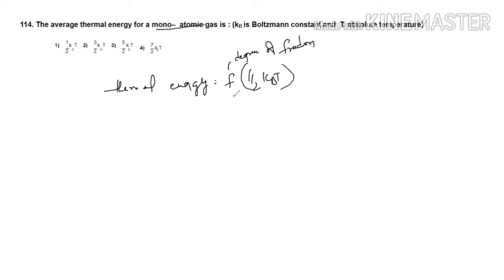For a monoatomic gas, the degrees of freedom is 3. So 3 into half k B T. So it is 3 by 2 k B T. Very simple question.